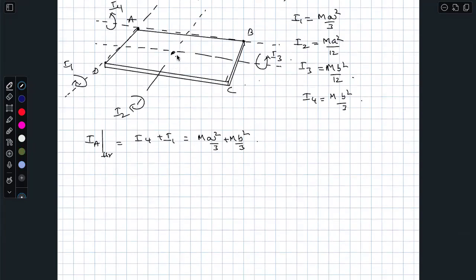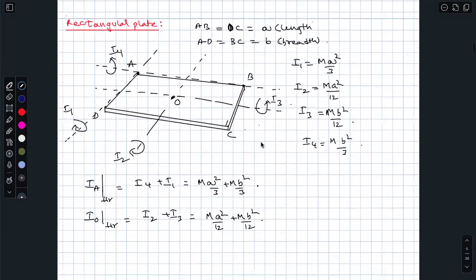Similarly, this is O. If someone asks me IO perpendicular, this is I2 plus I3. This is nothing but MA square by 12 plus MB square by 12. That's the rectangular plate. Any doubt?